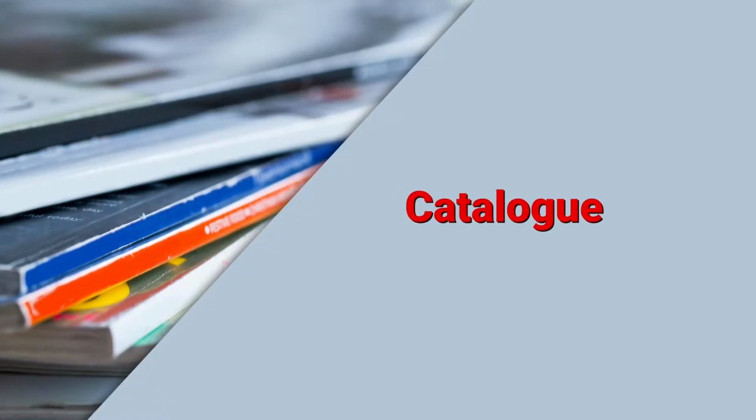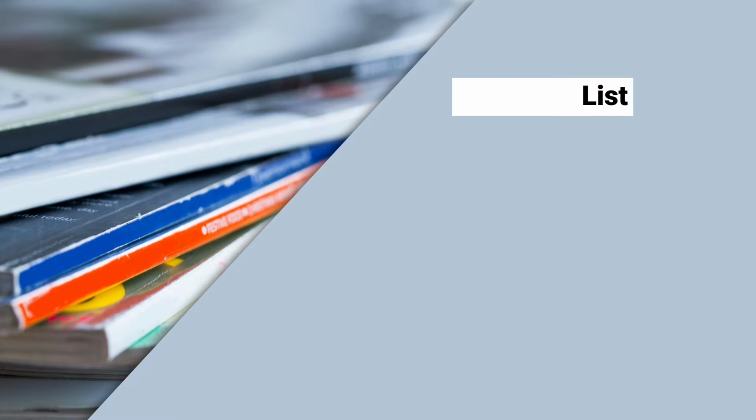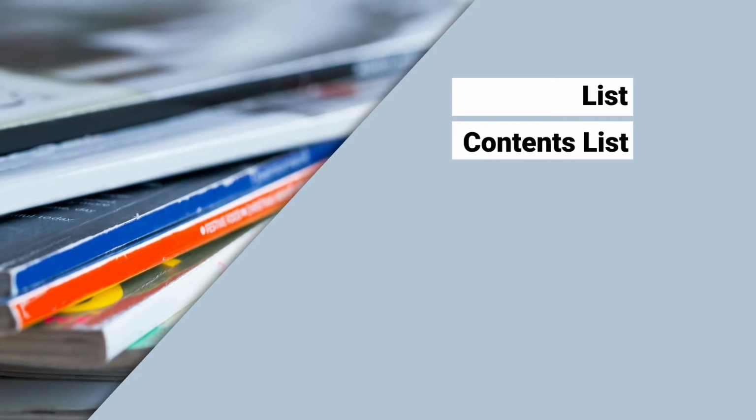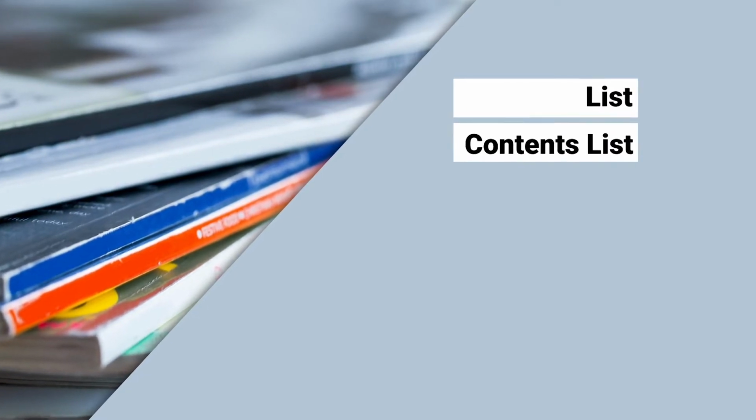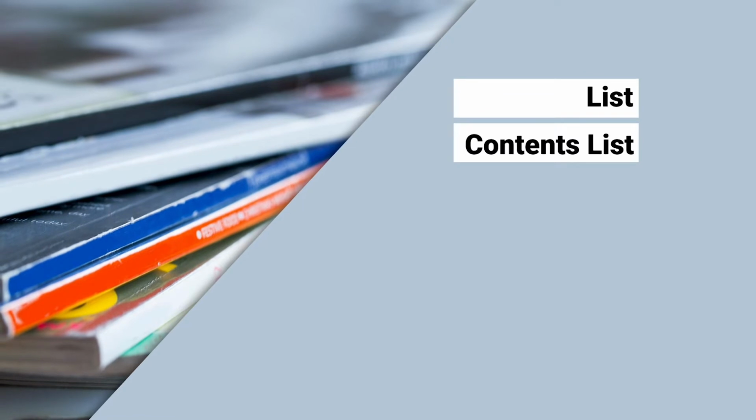Our catalog in a library is a little different, but then I will take you along these. So a catalog, if we try to think of terms that are related to a catalog, is a list, a contents list. When we talk of a library catalog, it is much more than that, but when we think of a catalog, these terms come to our mind.